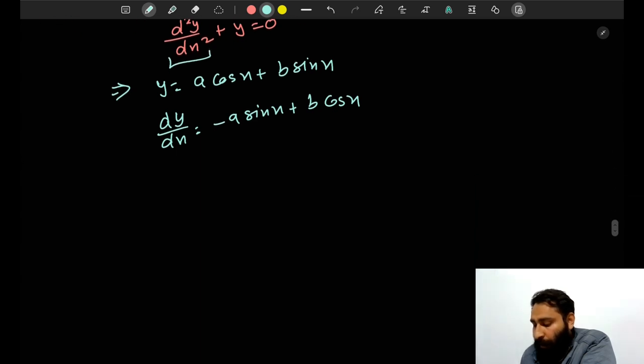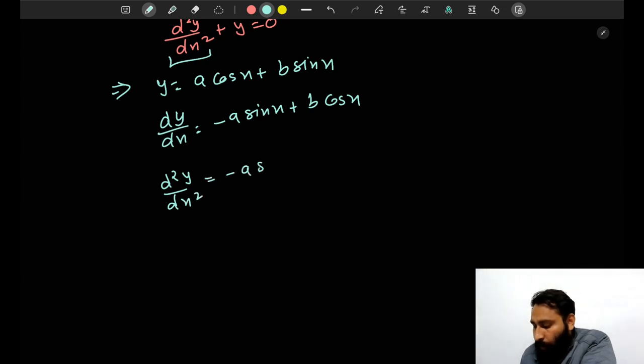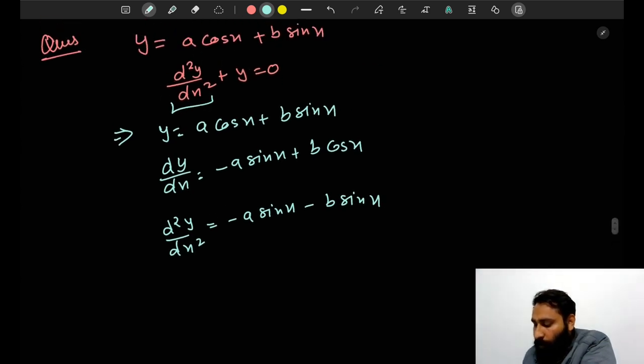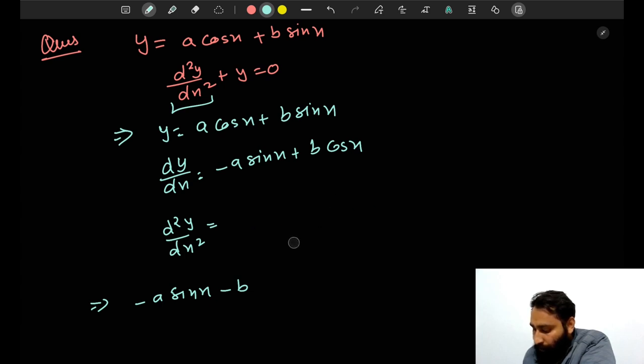The second order derivative is present, so we have to differentiate two times. So d²y/dx² is equal to minus a cos x minus b sin x. Now we put the value of the second order derivative in this equation. Then we say that minus a sin x minus b. So by mistake I wrote it wrong.